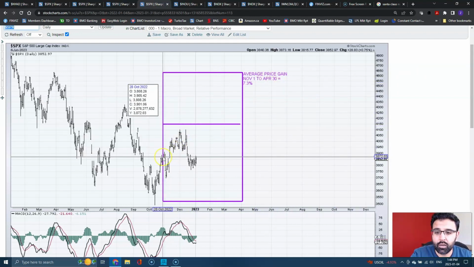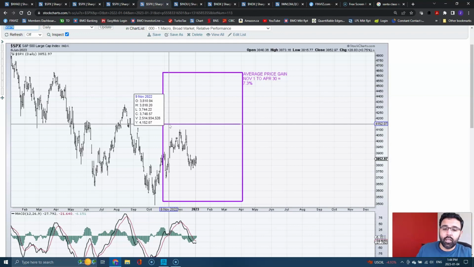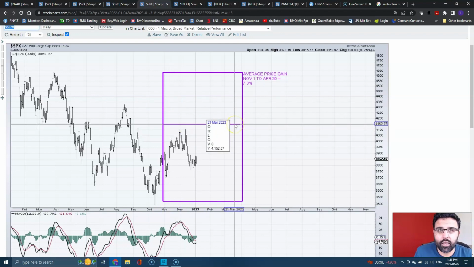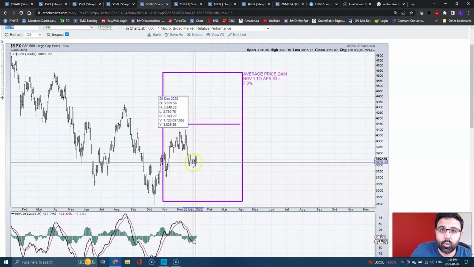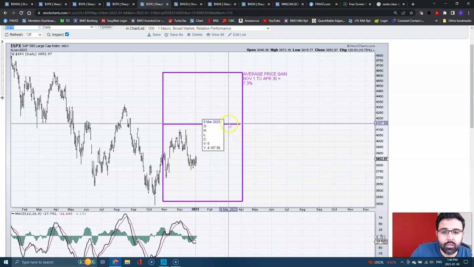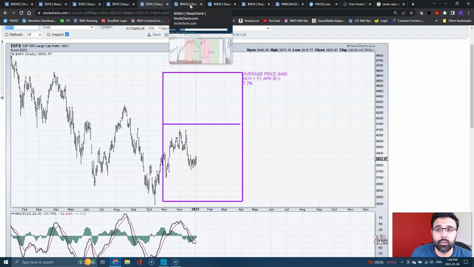With the S&P, we are in November right around here. We're expecting a potential move up to the purple bar, and then maybe the rally in the S&P that we're seeing in the last quarter fizzles out. Who knows, but something to consider if that pattern holds true.